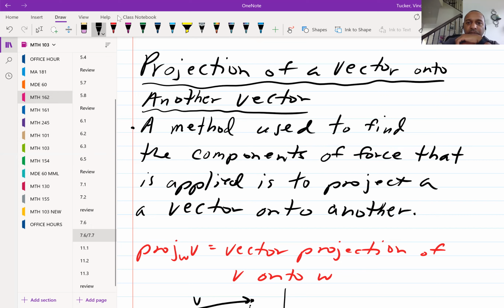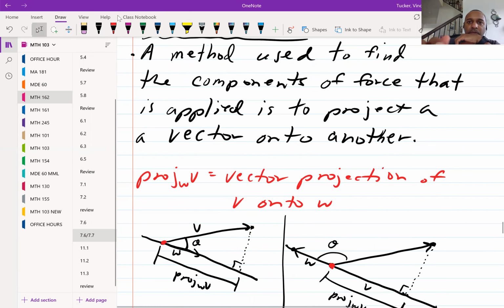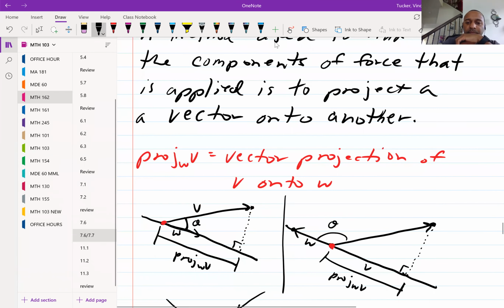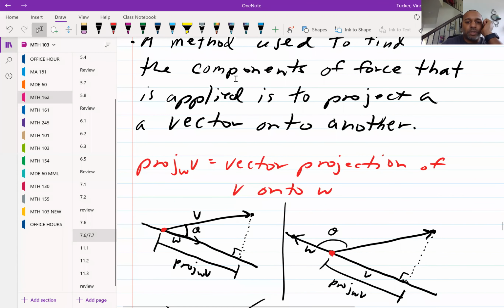So the notation here, we have proj, P-R-O-J, and we have a subscript W, and then a vector V. So that's the vector projection of V onto W.